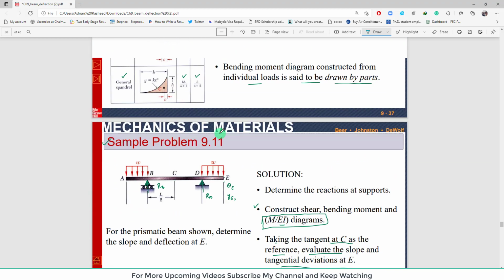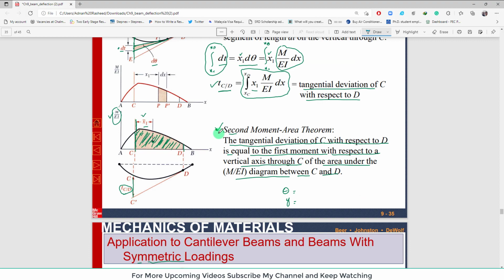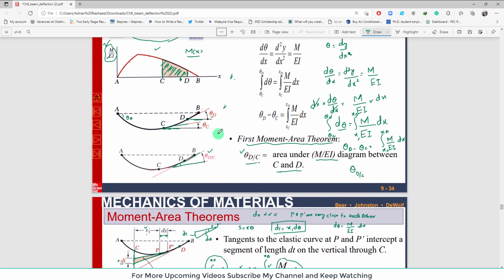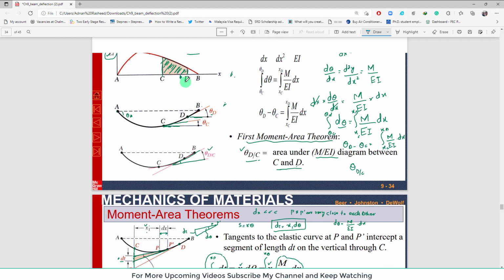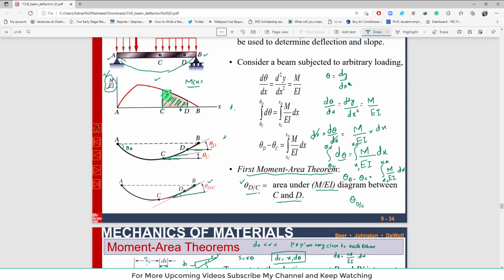So in short, we will conclude that the first moment area theorem will help you to find the slope, and that slope can be found by the area under the M over EI graph between the 2 points in which you are interested.